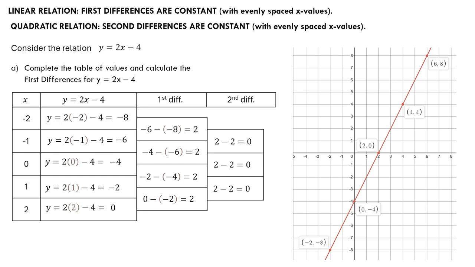So our second differences are also constant. But with a linear equation, noting that the first differences are all the same, that is a feature or a characteristic of a linear equation or a straight line.